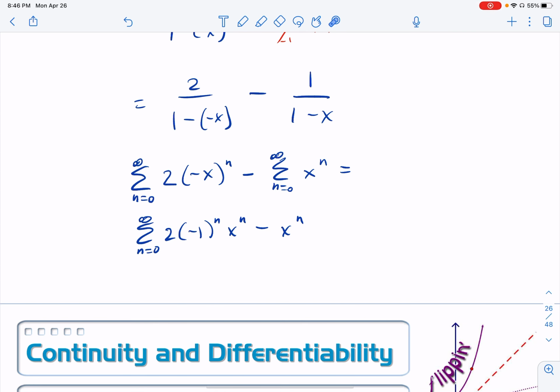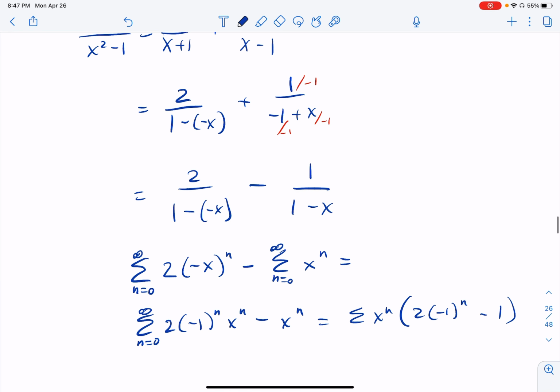Since these things have a common factor of x to the n, you could totally pull that out and make that x to the n times 2 times negative 1 to the nth, and then minus 1. That would work too. All right, so we did lots of algebraic manipulation in order to make our function into a power series. Next up, we're going to do a little bit of calculus in order to get there.